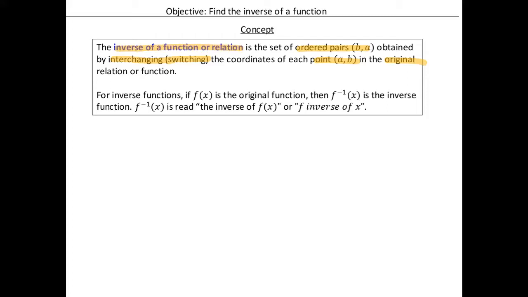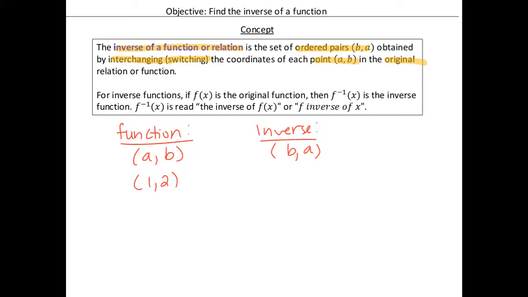So what that's saying is if my function had coordinate pairs of A comma B, then the inverse function would be the coordinates B comma A. For example, if this was 1 comma 2 for the function, then the inverse would be, switch them, 2 comma 1. You just switch the x and the y, okay?